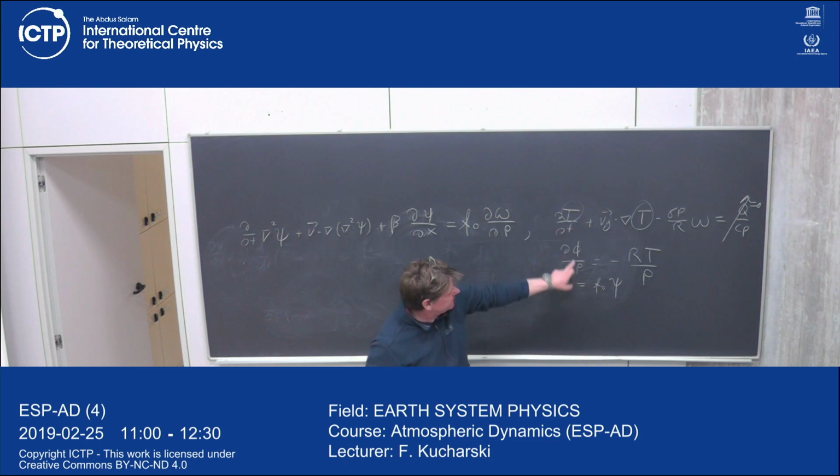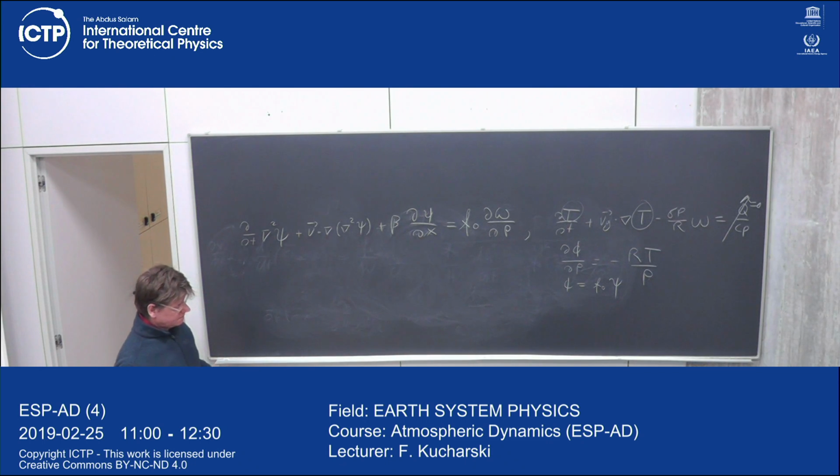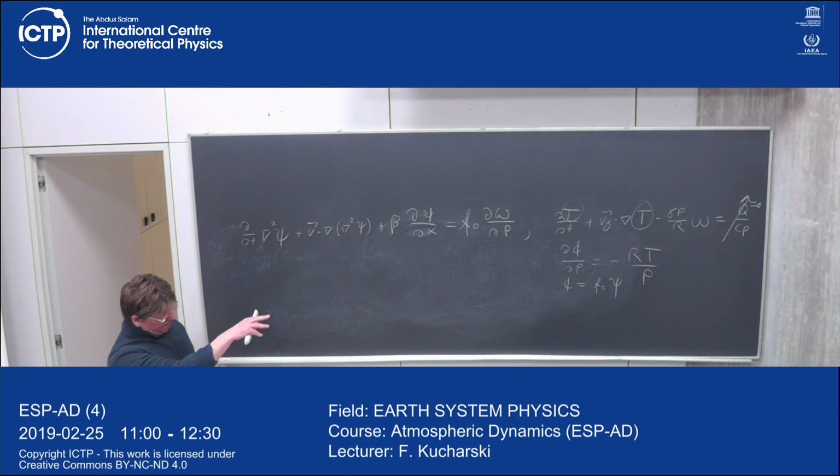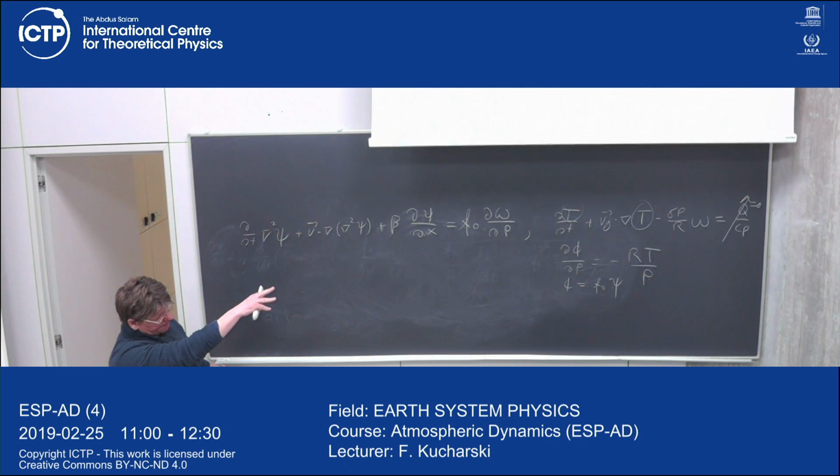So we can replace this in this equation and get to the two equations. You resolve this for T. T is equal to minus p over R d phi by dp, and insert that in that equation.